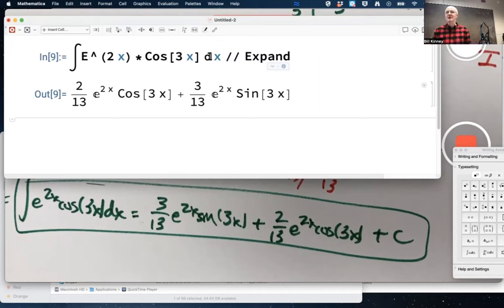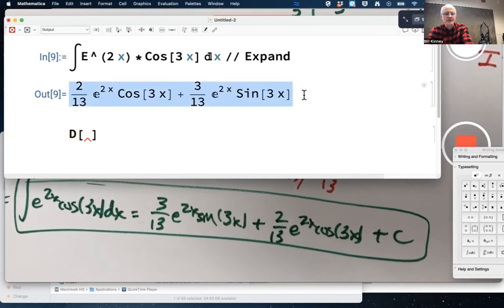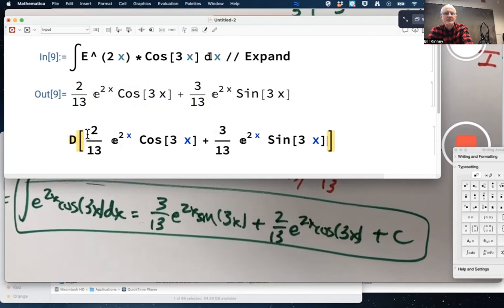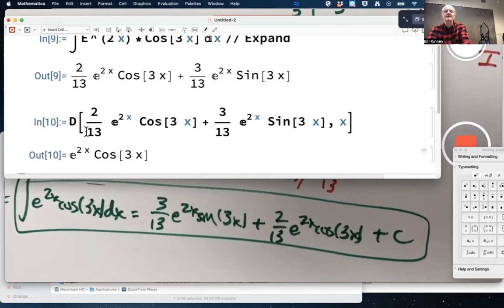Okay, so make sure it's there. Looks good. Could also be checked by differentiation. Capital D will differentiate. I can copy and paste the function in there, put a comma x, because that's the variable name. And yes, it simplifies to our original integrand, e to the 2x times cosine of 3x. Okay.